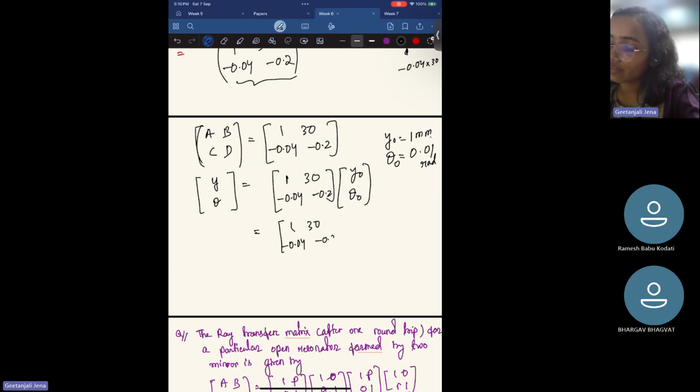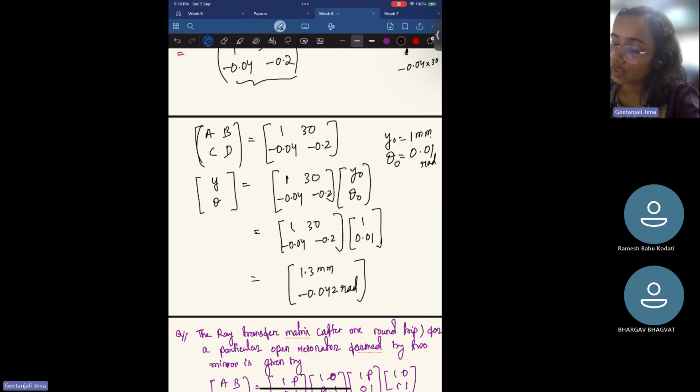So what do we have now? This one is 0.01. So if you multiply it, we'll get the value, which is 1.3 mm and minus 0.042 radian.